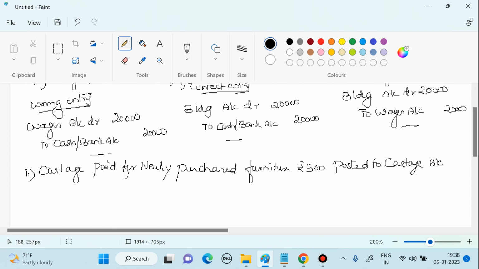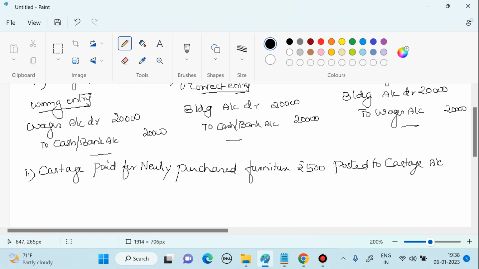Cartage means you paid for transportation. You paid money for cartage of what? Goods or asset? Newly purchased furniture, so an asset. So when you are paying for transportation of an asset, it should be debited to that asset account.